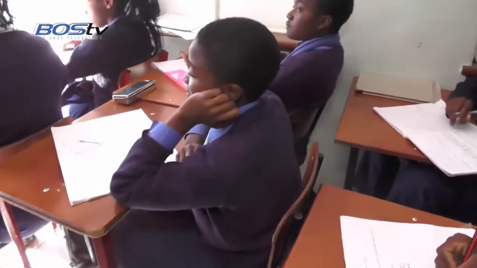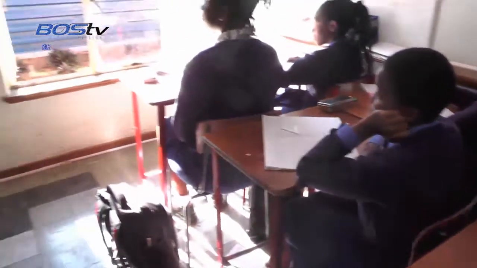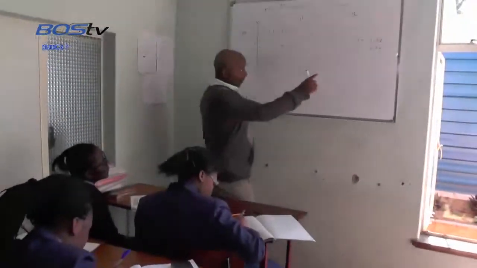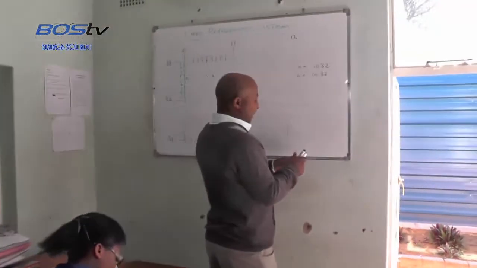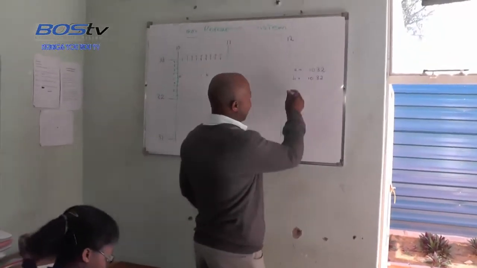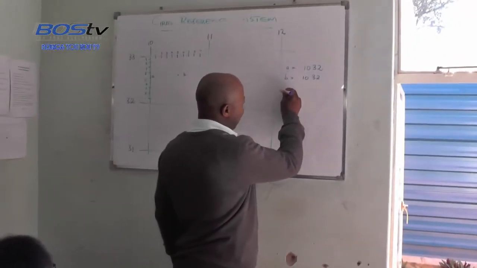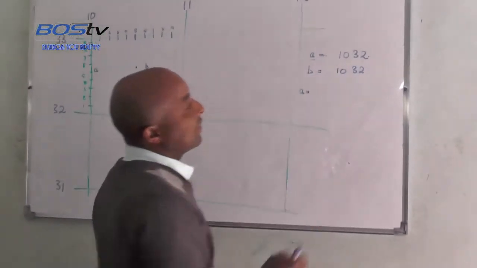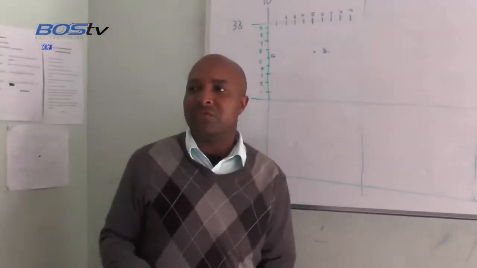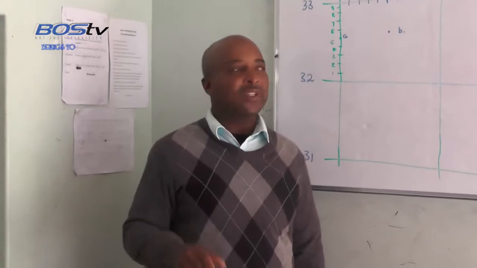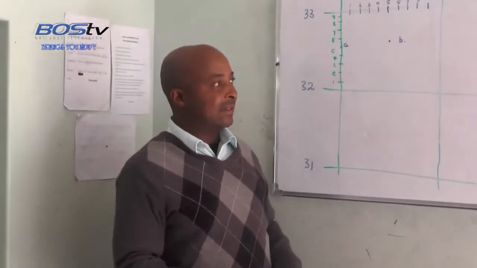Right, when you've done this, then the next item that you need to do is you go back to our point A. This time we want to be very precise. We write our point, and since we want to be precise, we want to find out the exact position where A lies, isn't it?